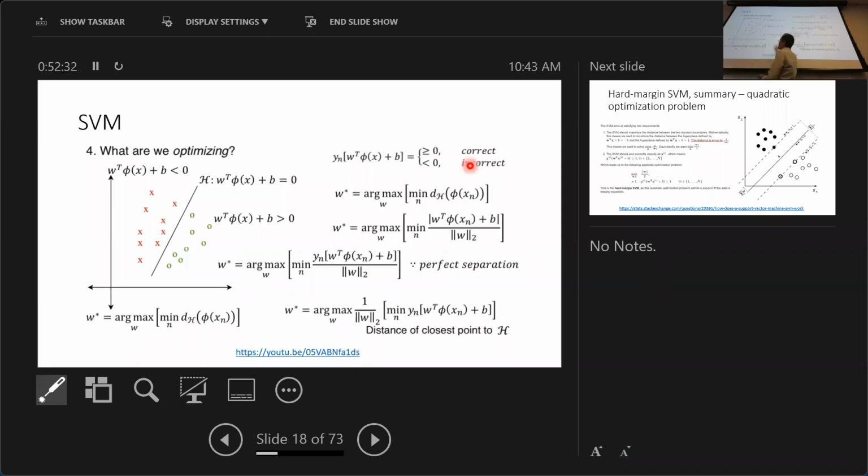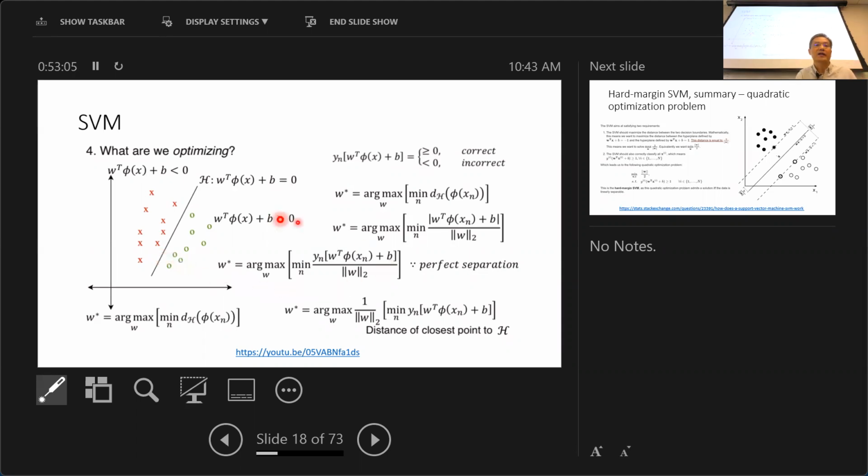The minimum here is to find the points that have a minimum distance, for example from this point to the line, minimized compared to all others. So in the center of this equation, you first identify those data points that give you the minimum distance from your point to the separation line.